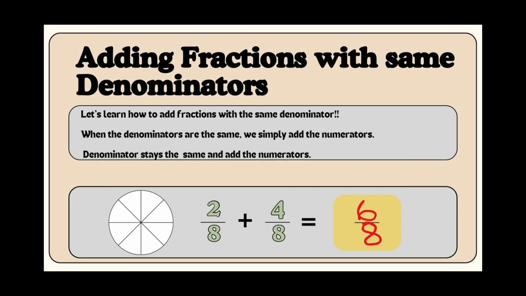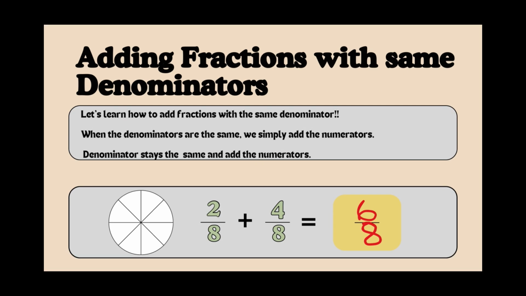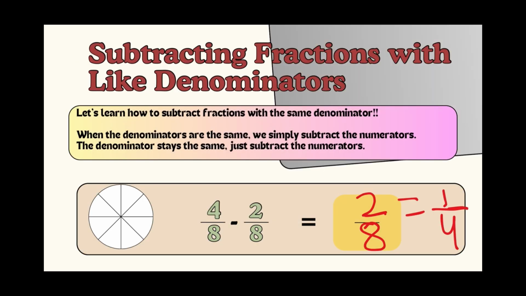Next, let's understand how to add fractions with the same denominator. We have the same denominator 8, and 2 plus 4 is 6. So our new fraction is 6 by 8. That is all about adding fractions with the same denominator. Okay, understand?